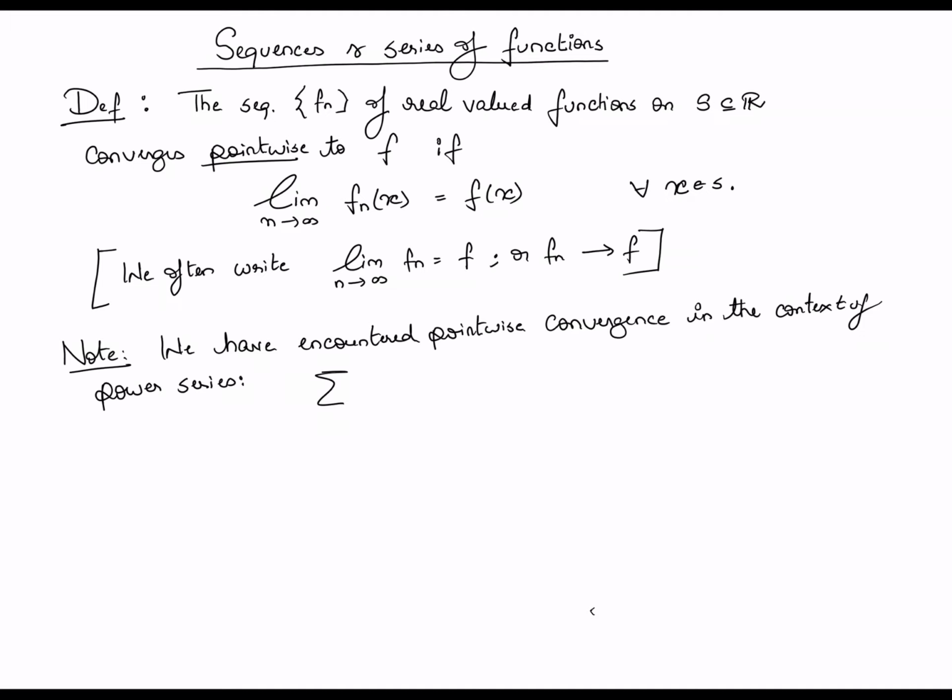So if you had a power series of this form, summation an x raised to n, we already said that if you look at the sequence of running sums, for any x, we know that this sequence converges for mod x less than r, which, if you recall, is the radius of convergence.